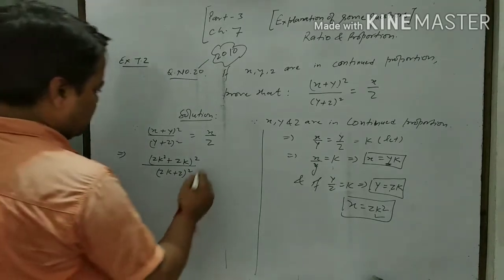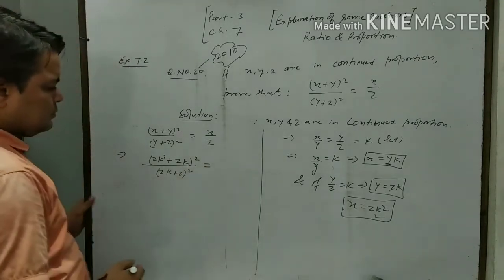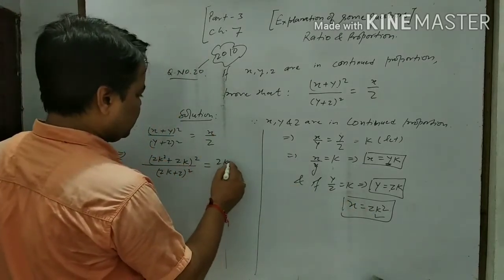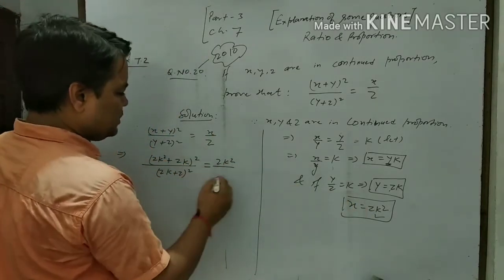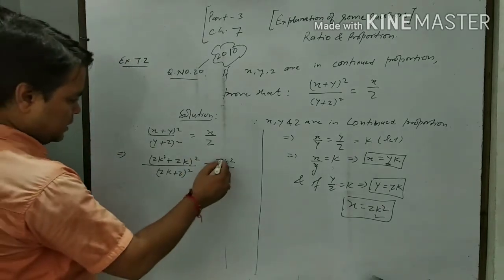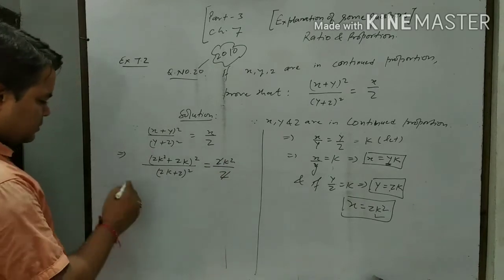Now the value of x is zk square, and z is simply z. Here z and z will be cancelled.